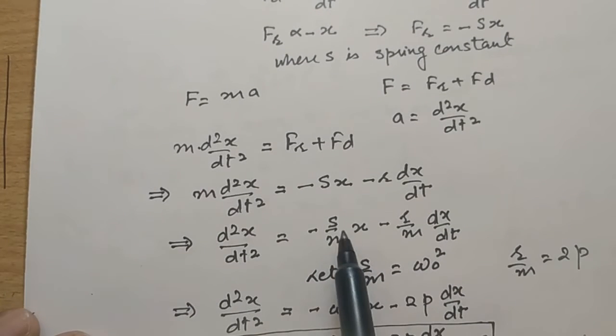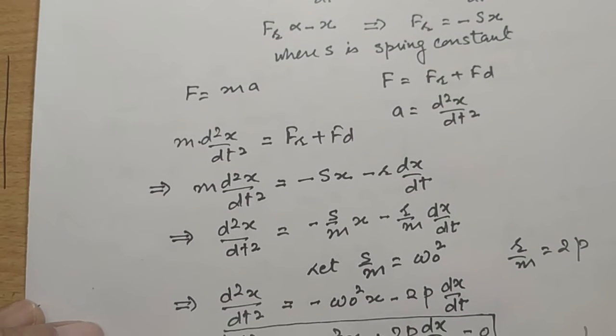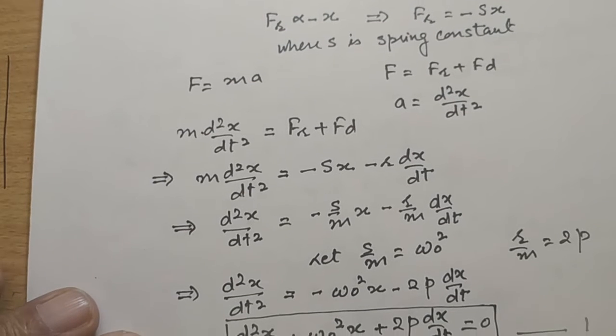We put here S over m equal to omega naught square. Omega naught is the natural frequency of the oscillator, which is without damping. And r over m we put equal to 2p, that is a constant.